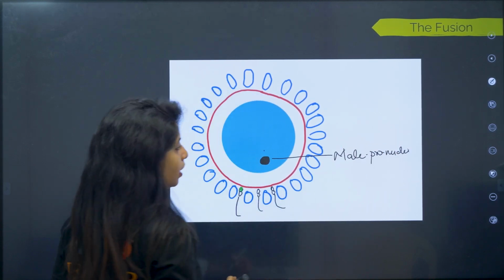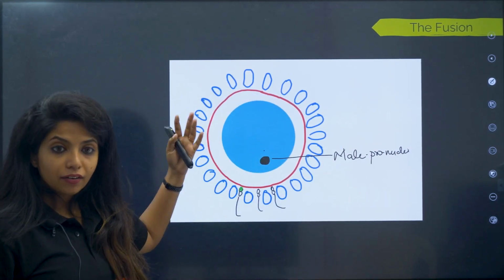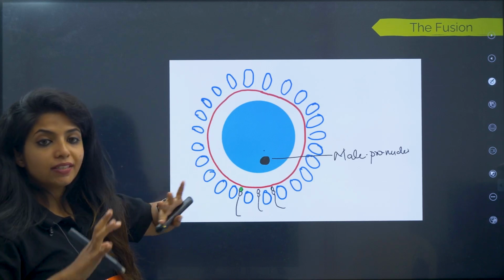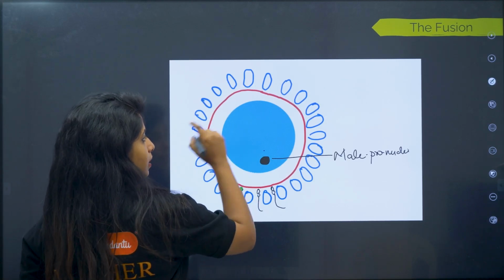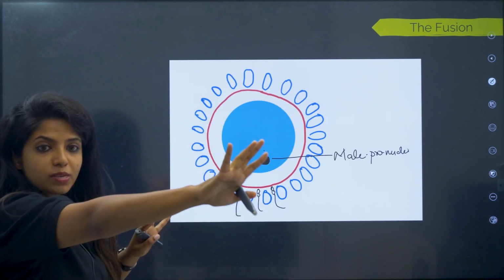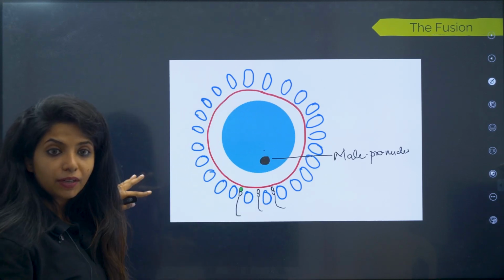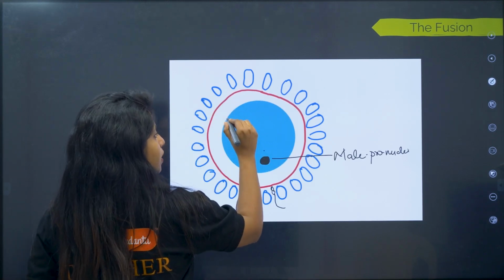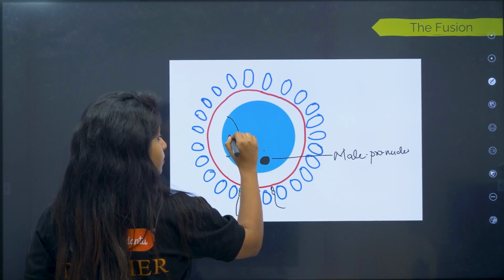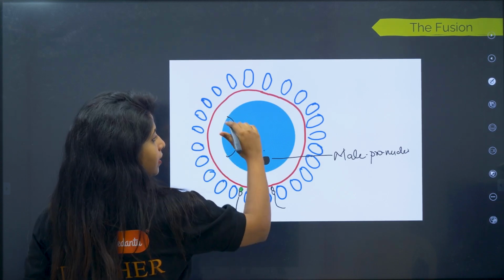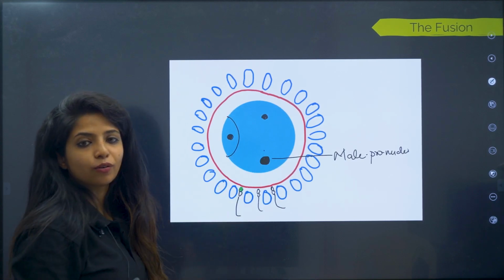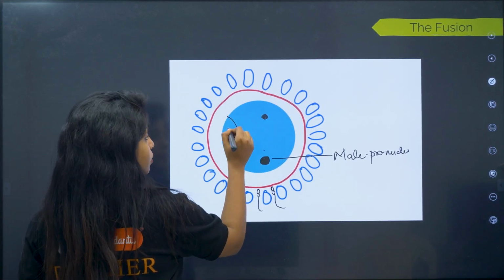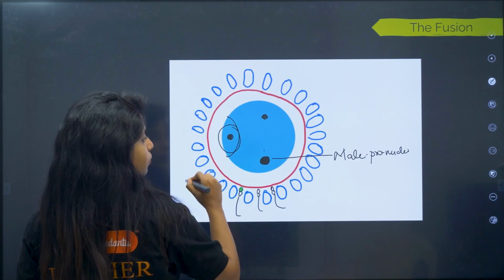Now the secondary oocyte also has a nucleus and it is going to divide. When the division takes place, a set of chromosomes is separated over here and a set is separated over here, such that there will be two cells. One is a small cell over here, and the other is the big cell, or what you call the ovum.